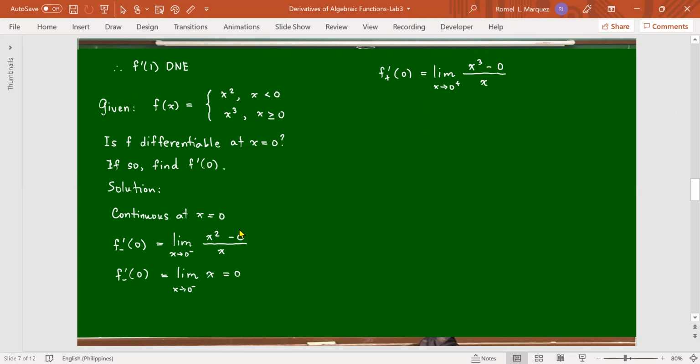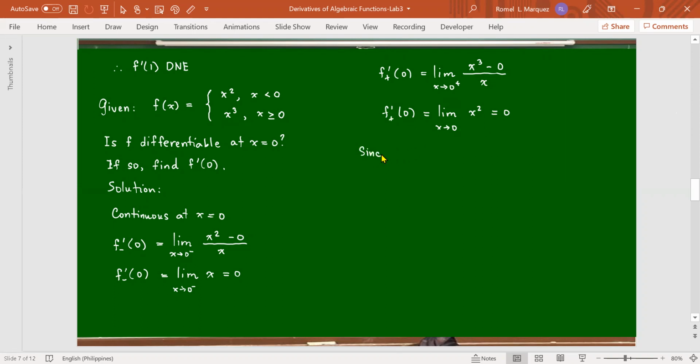By the way, be careful with the function value and the expression defining f, depending on the direction. The function value does not change. So we have limit of x squared as x approaches 0. What's the value, guys? 0.